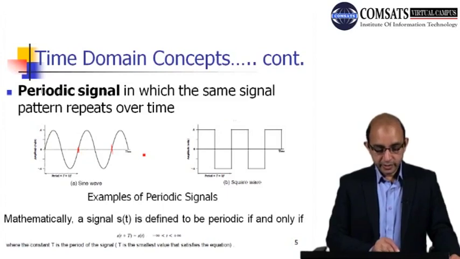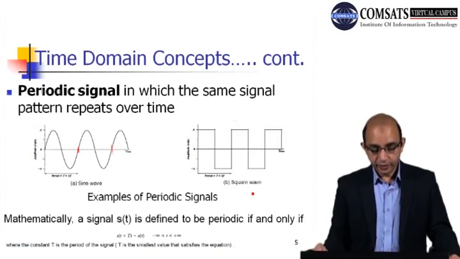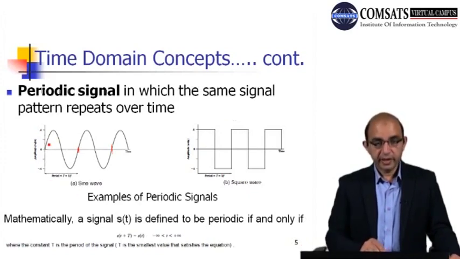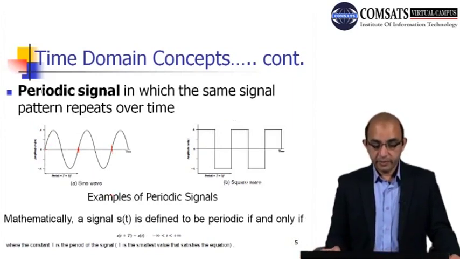So this is the first, and this is the repetition of the same signal. If we go on, it will continue forever. On the right hand side of your screen in figure B we have a varying analog periodic signal, and here we have a digital periodic signal.